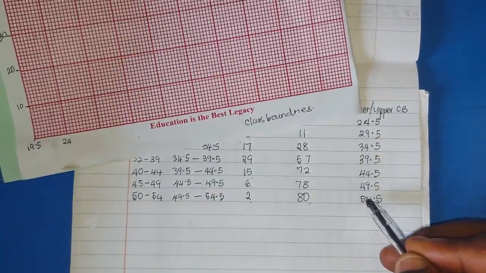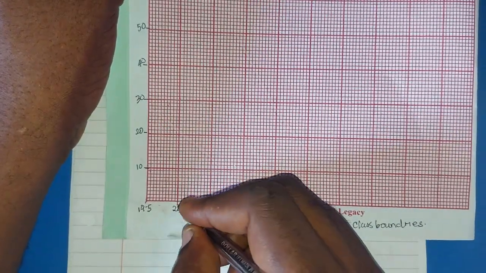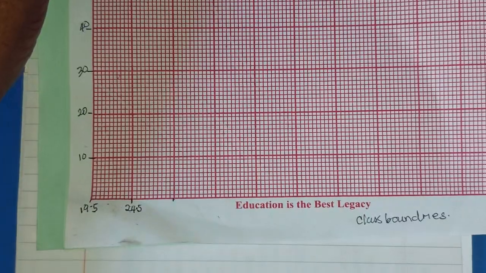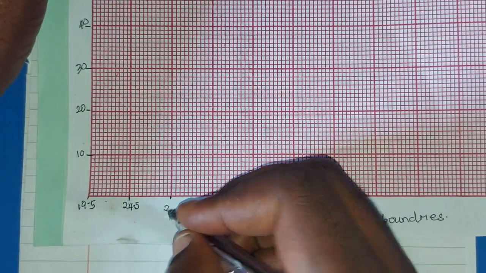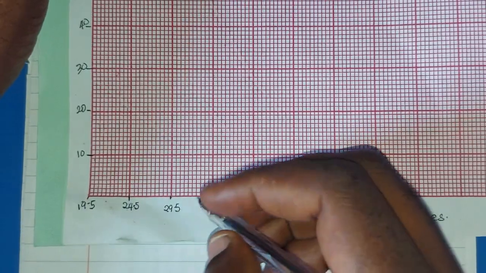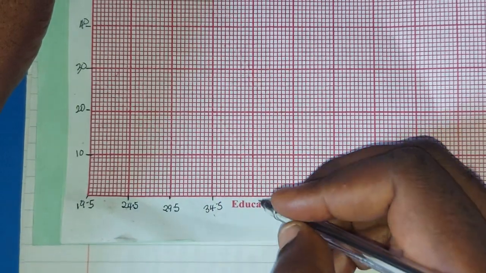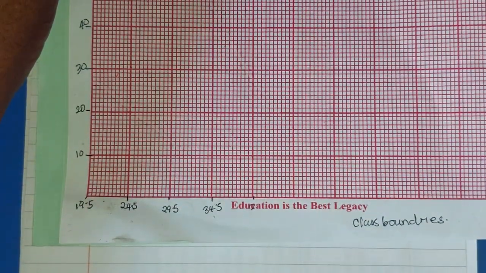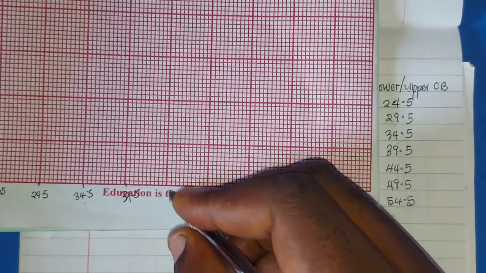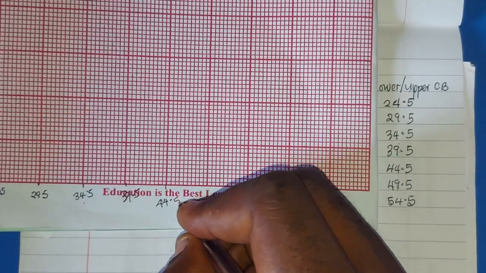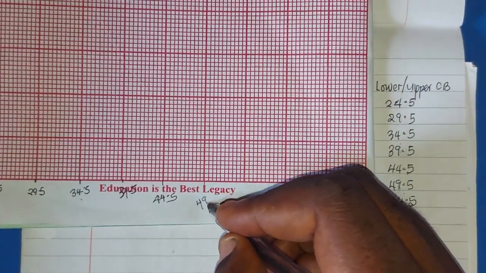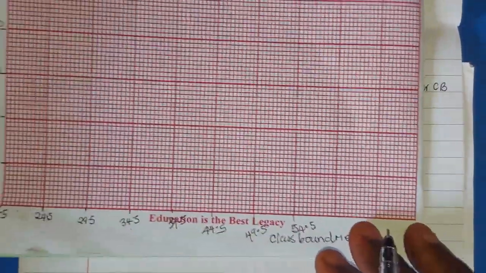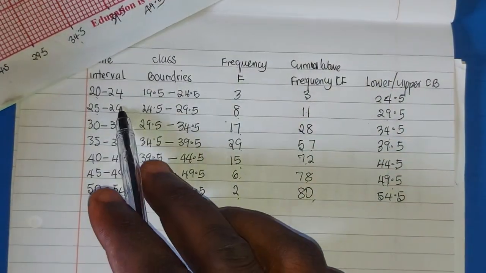You repeat all of these: 24.5, then 29.5, 34.5, 39.5, 44.5, 49.5, and here the last one is 54.5.